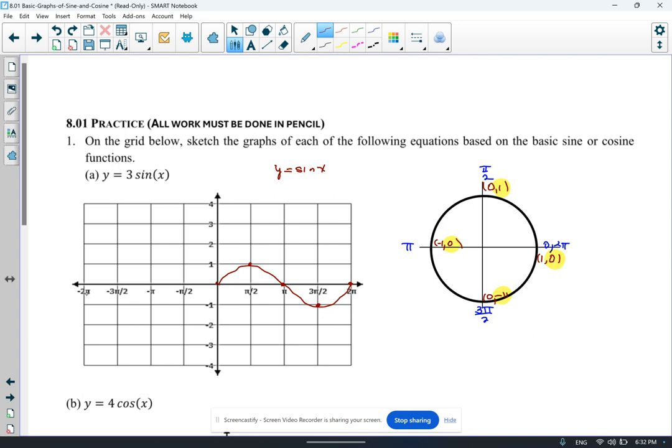But if I'm going from -2 pi to 2 pi, we actually have to graph backwards. So this would be 0, 0, but then we would be graphing -pi over 2. If you're rotating 90 degrees to the right, that's the same thing as 3 pi over 2, and so that would equal -1.